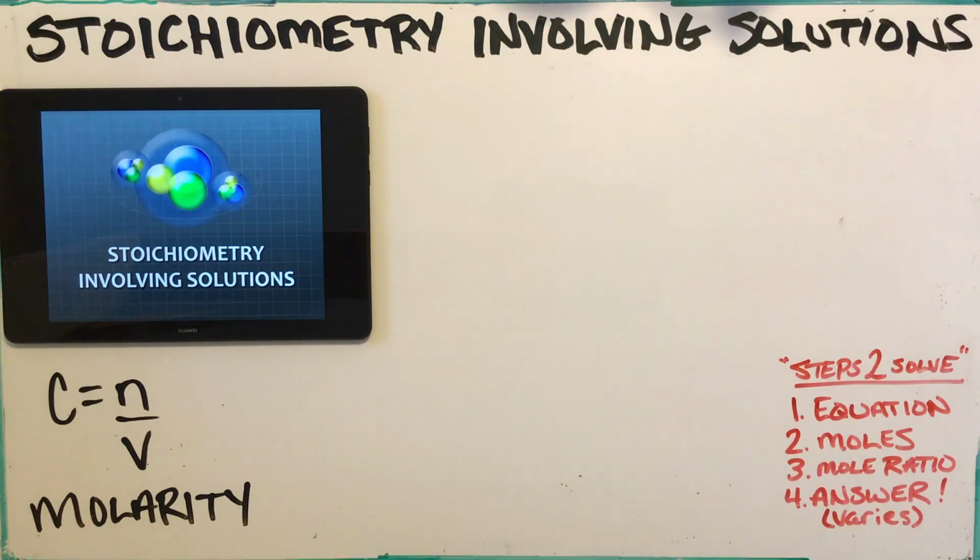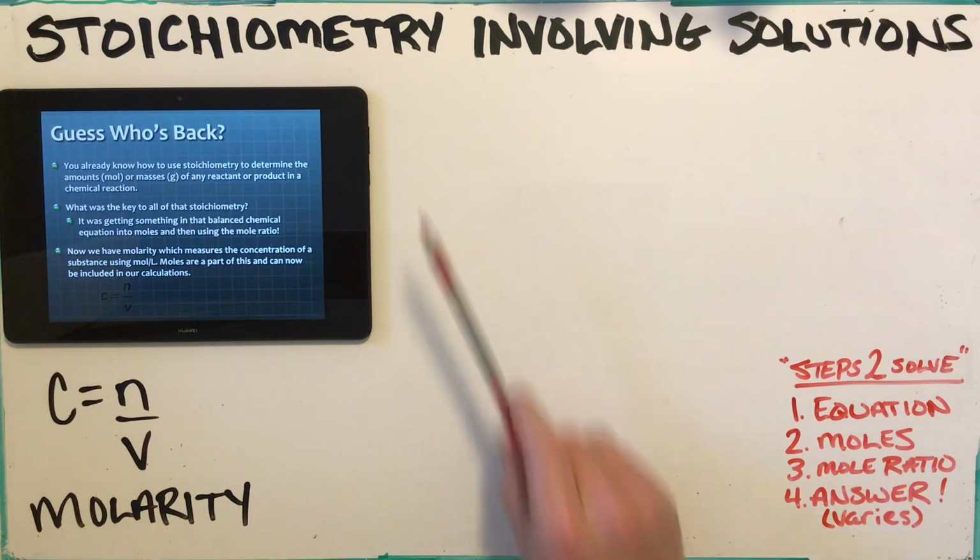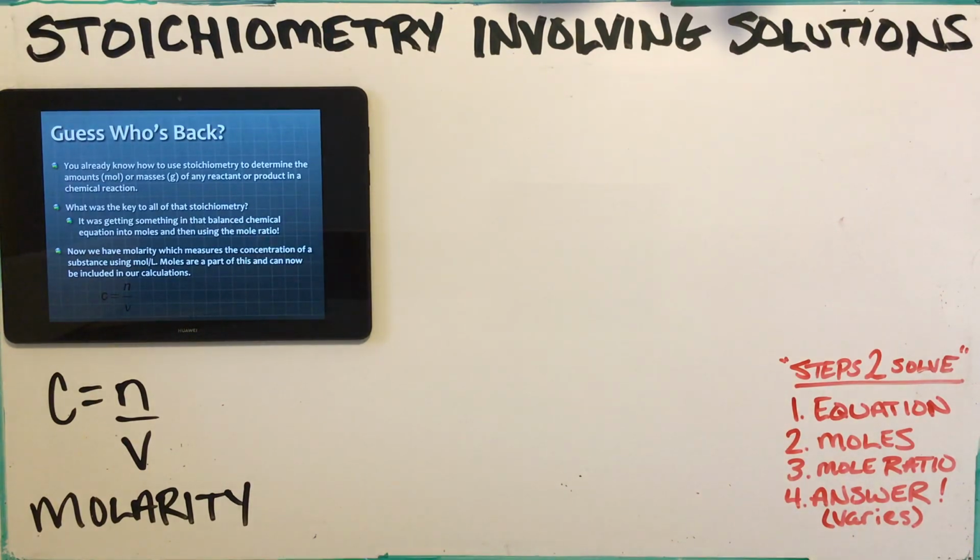All right, so we'll get into this note. Guess who's back? Of course, stoichiometry is back. We learned about this, stoichiometry, last unit as part of our quantitative chem unit. And stoichiometry was a science of determining amounts within a chemical reaction. So we could determine, if a given amount of product was ordered, we could tell you exactly how much of each reactant was required.